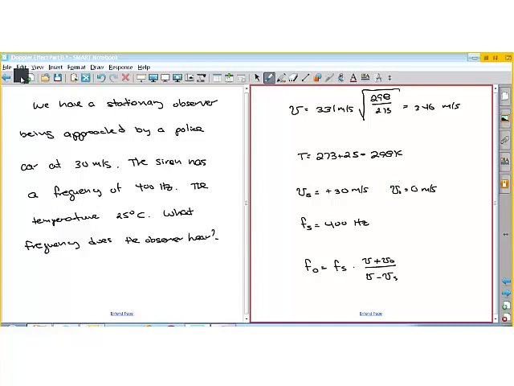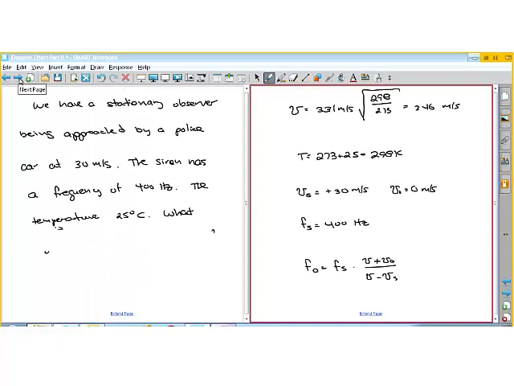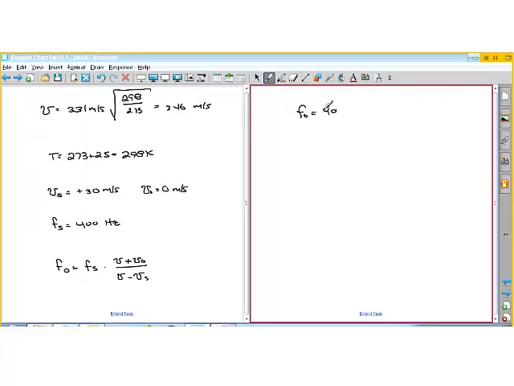The V of the observer is 0 meters per second. So now we just have to plug in. It should be a higher frequency because it's moving towards it. So the frequency was 400 hertz times V, which is the speed of sound, 346 meters per second plus 0.